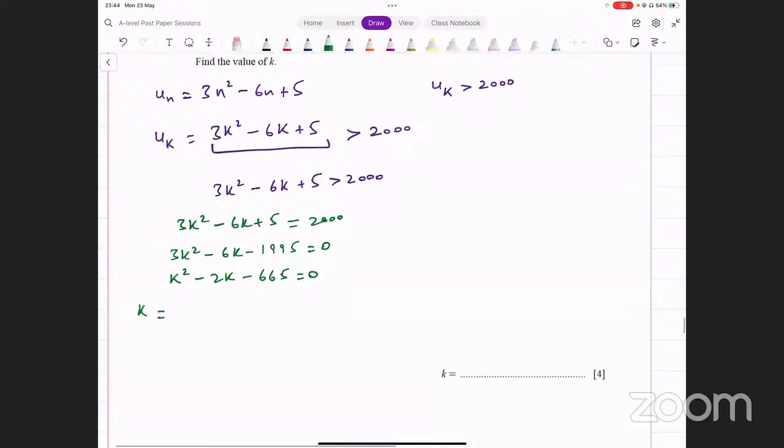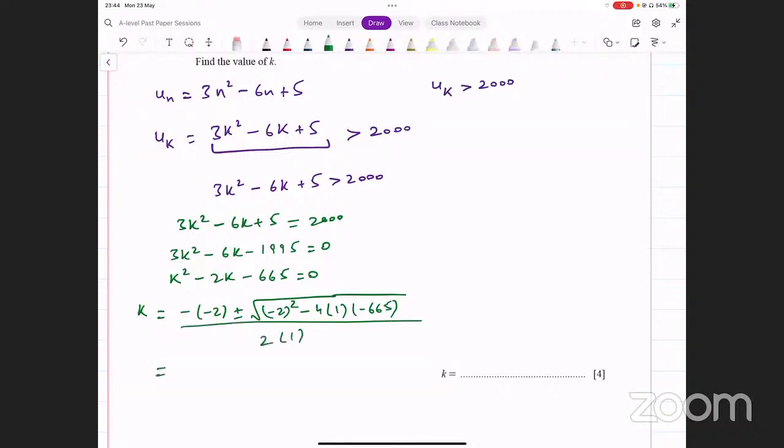Let's see what we get from that. ये आपने वर्किंग शो करनी है. वर्किंग नहीं शो करेंगे तो आपको मार्क्स नहीं मिलेंगे. कैलकुलेटर से डायरेक्टली सॉल्व करके आपने आंसर नहीं लिख देना यहाँ पे, वर्किंग शो करने के मार्क्स होंगे, ठीक है. So minus b, so that's going to be minus into -2 plus minus square root of -2 whole square minus 4 into 1 into minus 665 divided by 2 times 1.